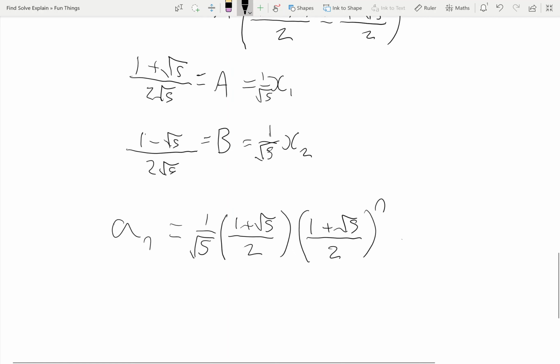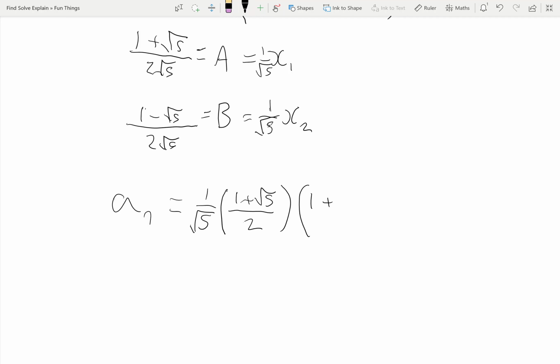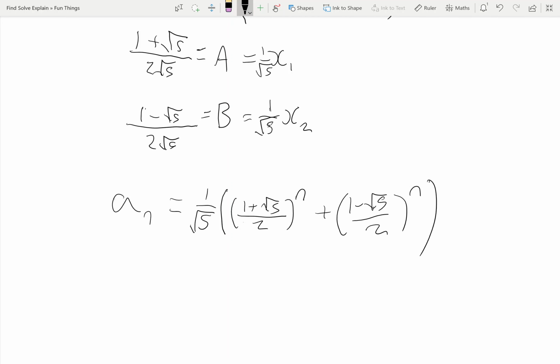And then, of course, we do exactly the same thing for the other bit, and we get the entire thing, essentially, to equal 1 over root 5, because we can factor this out of A and B. So we get, in overall, 1 over root 5, brackets, 1 plus root 5 over 2 to the n, plus 1 minus root 5 over 2 to the n, close brackets.